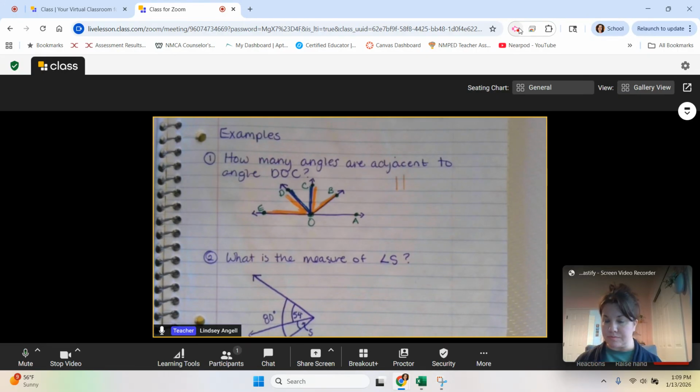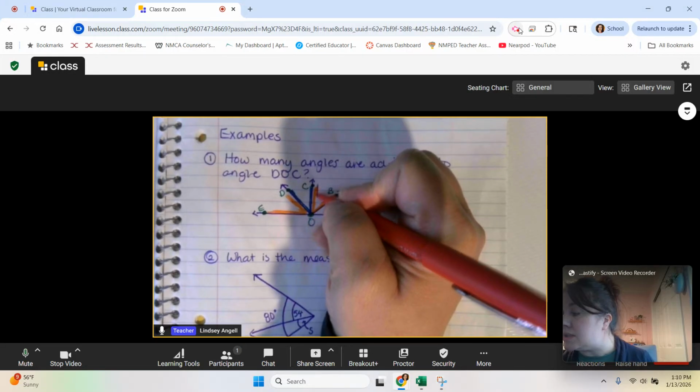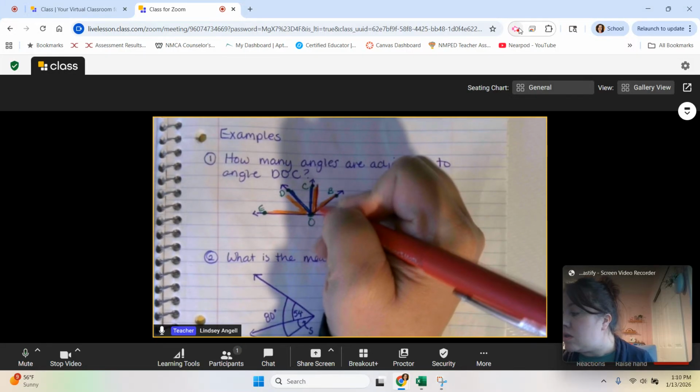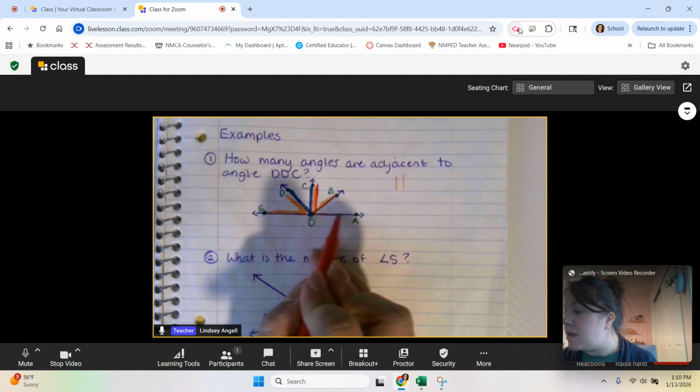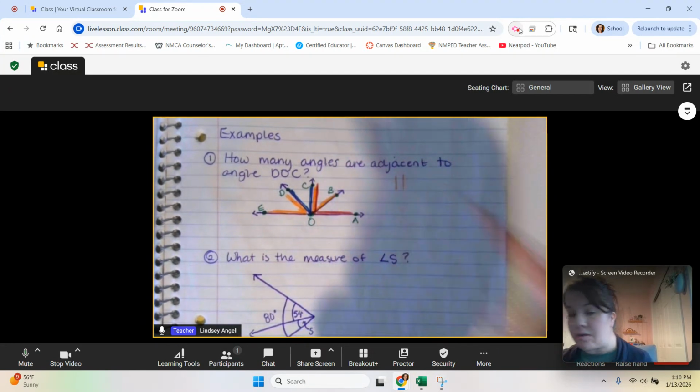Try red. There's one more angle, and maybe you can see it. Maybe pause the video and try to find the third angle, because there's a third one. And it's this one here. So there's COA. That is also an angle.